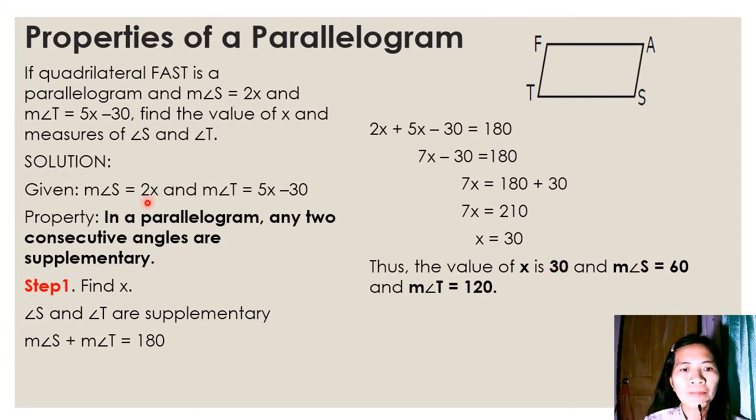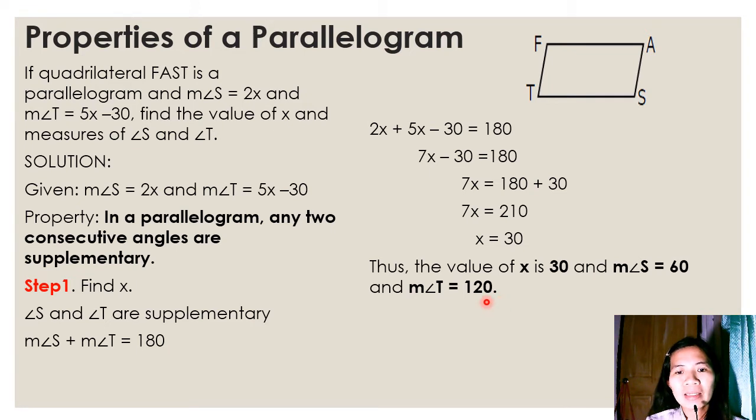By substitution, we will substitute the value of x to the given. If x equals 30, 2 times 30 is equal to 60. So the measure of angle S is 60. Then measure of angle T is equal to 5 times 30, which is 150, minus 30, equals 120.